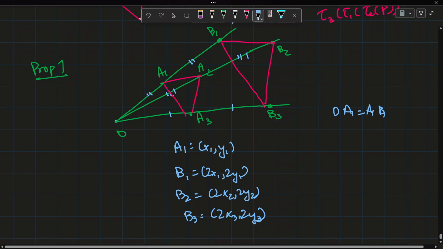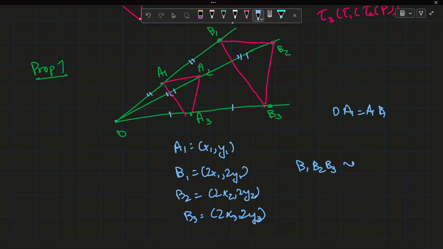So B1, B2, B3 will become similar to A1, A2, A3, and the ratio of similarity is 2.